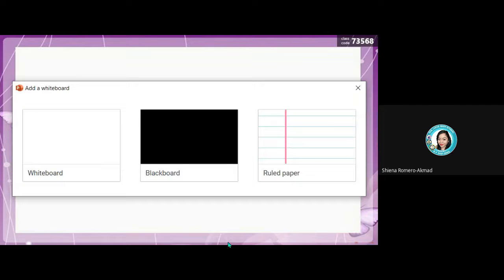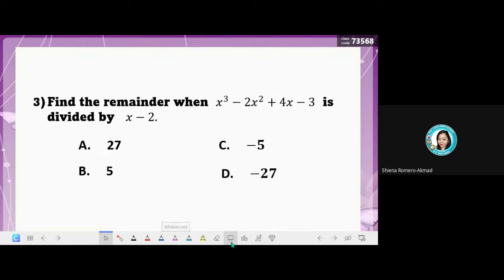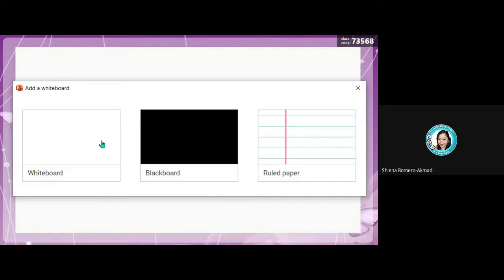1, 2, 3. So, ano ulit yung given? Sige, turn on yung mic. What's the given again?